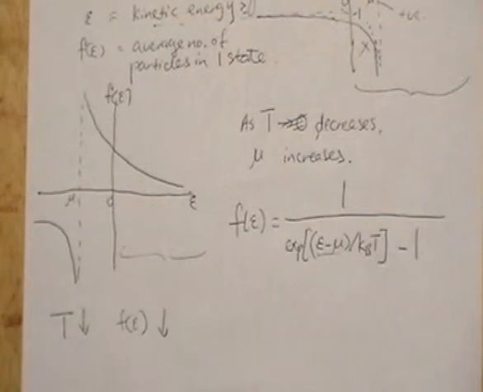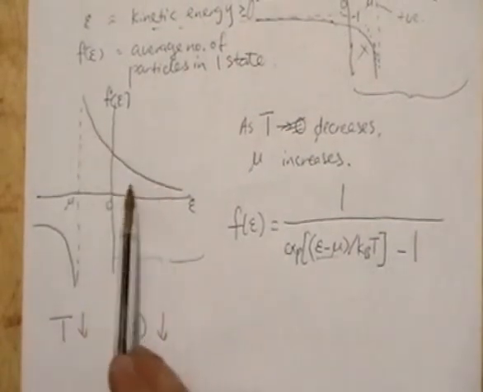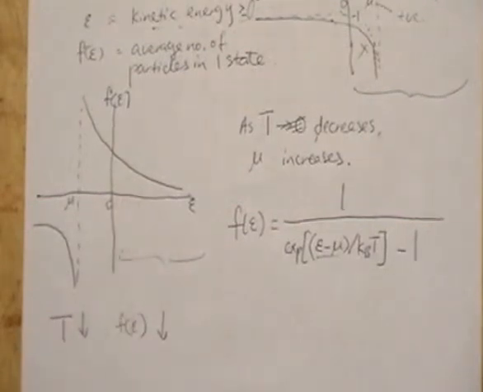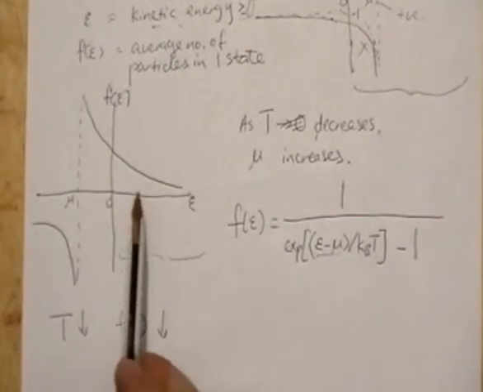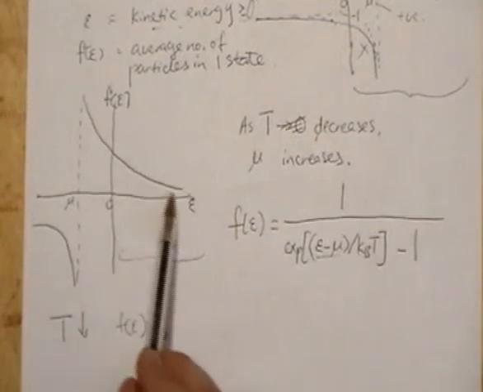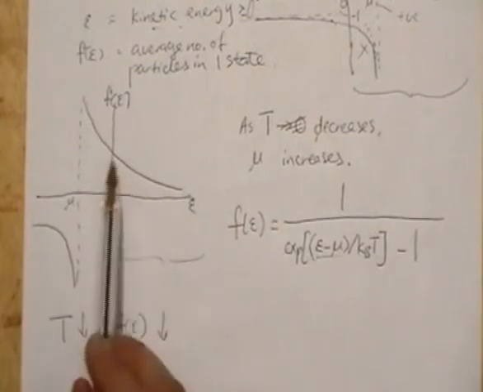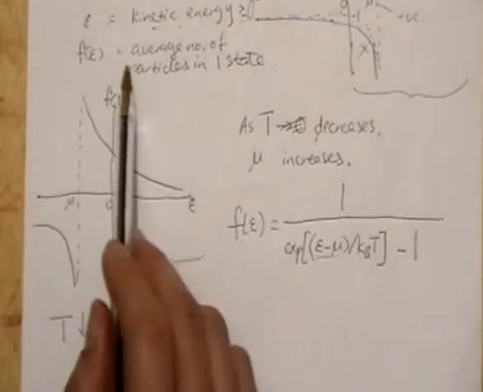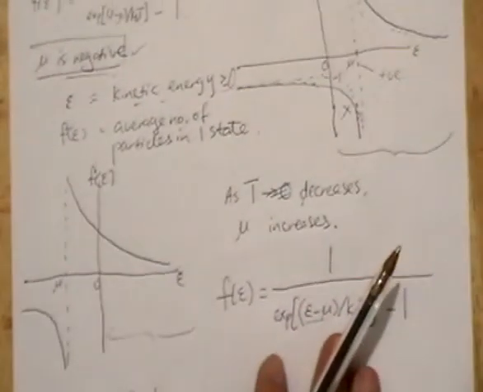Okay. Now let's look at the graph. If we look at this graph, as Fe decreases, what does it mean? Now remember the meaning of Fe.